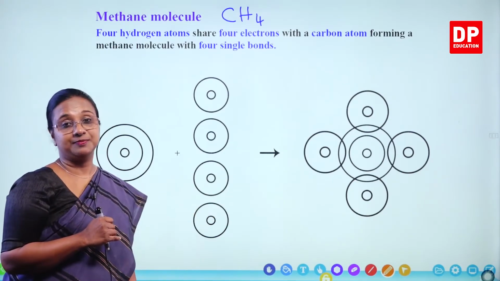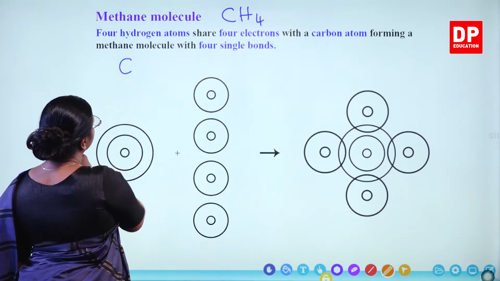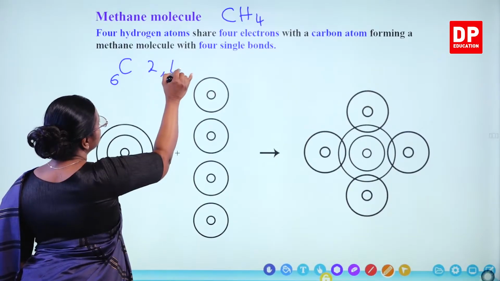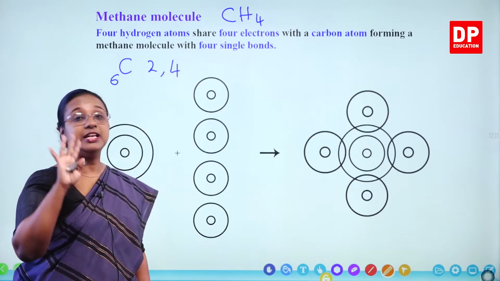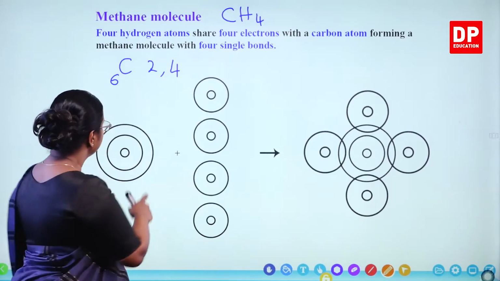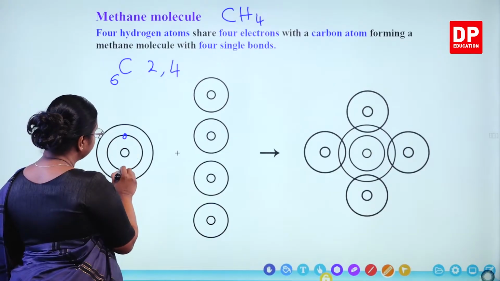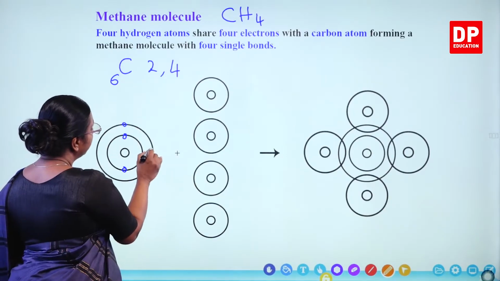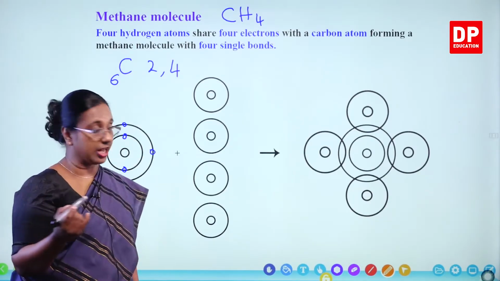You will understand why we need to say single bonds when we discuss the other type of bonds in a while. So here again, carbon, you know the electronic configuration, atomic number 6, so electronic configuration 2, 4. And the valency 4. That is why it needs to form 4 bonds. So if we fill up the electrons here, carbon has 2 electrons in the first shell, and there are 4 electrons in the second energy level or the shell.